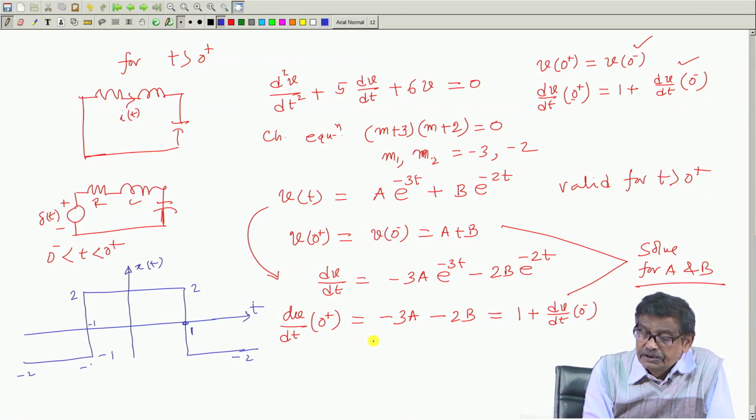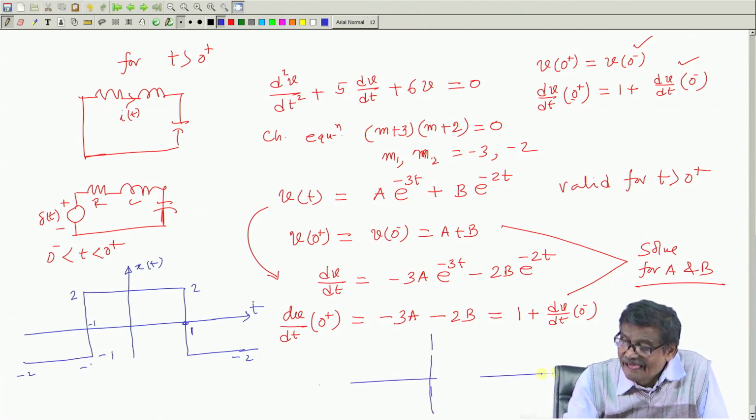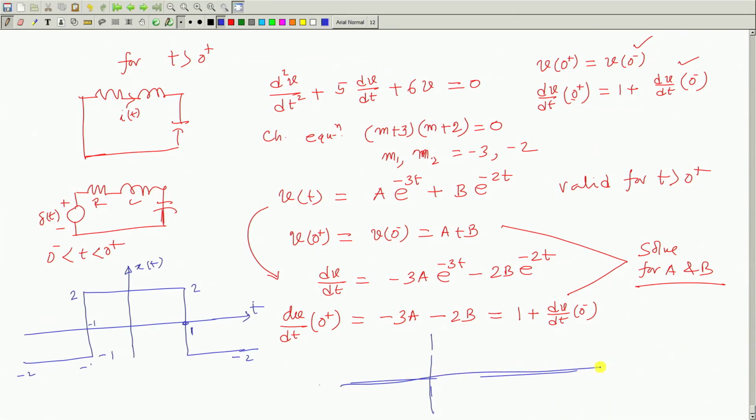Now, if I differentiate such a function, dx/dt, up to -1, before -1 it was constant at -2, so the differentiation will be 0.